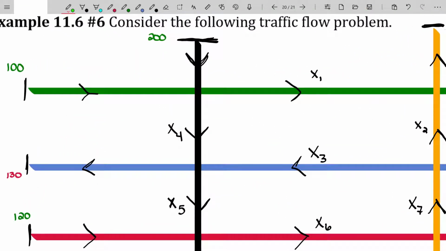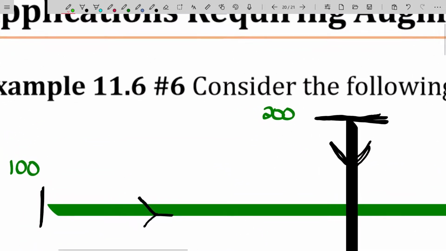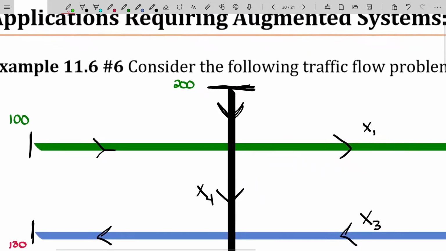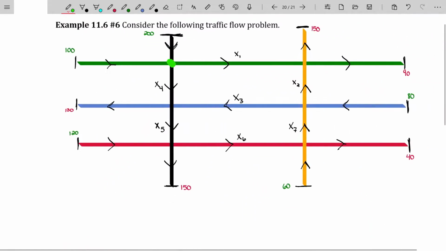I really need to know, for example, these 300 cars coming in from the west and from the north here, we don't know which way they turn at those intersections, but we know they all meet at those intersections. So I can build an equation just for that intersection. In fact, let me write that down below.